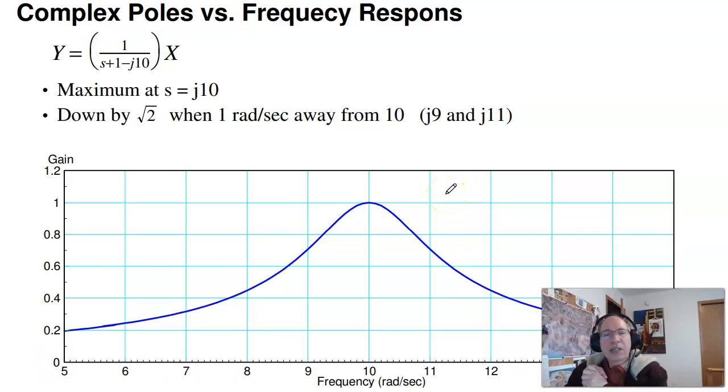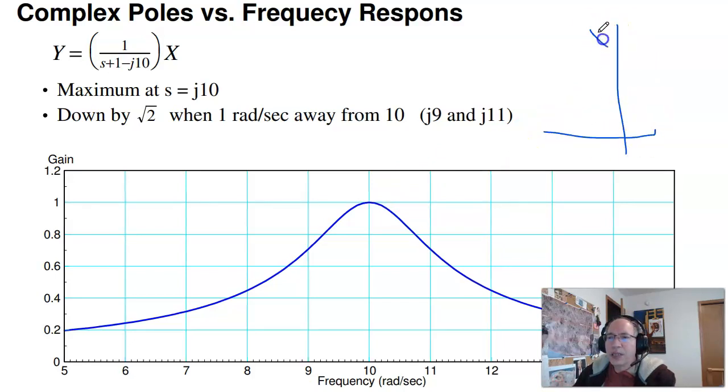Suppose I have a complex pole, a pole at minus 1 plus j10. In that case, again, I've got my s-plane, and the pole's right here at minus 1 plus j10. The gain is 1 divided by the distance from the pole to your point s. S is j omega.